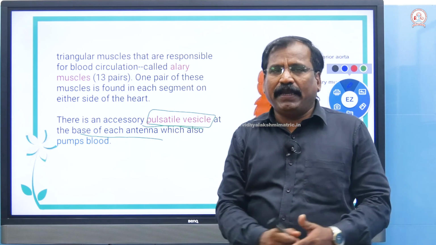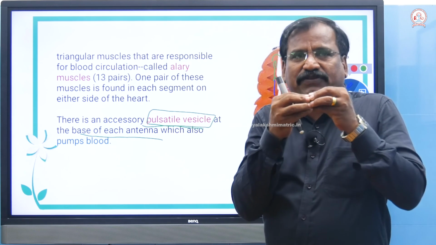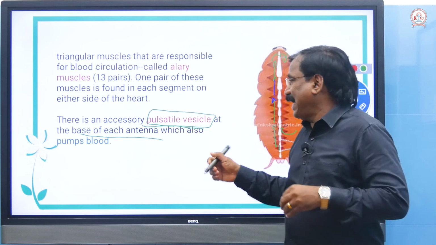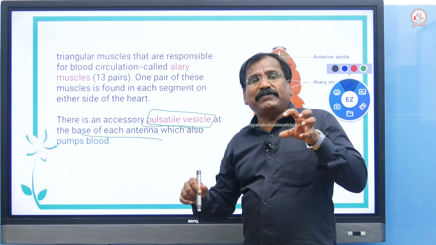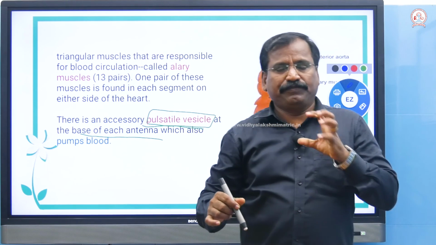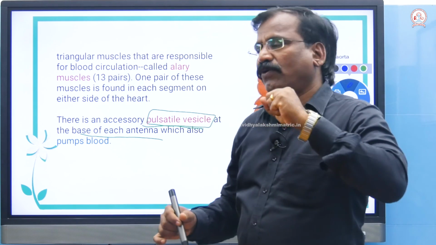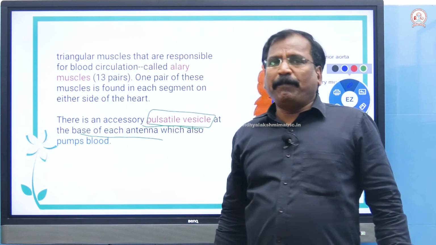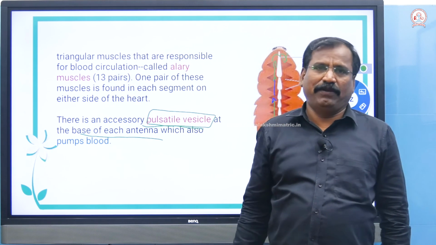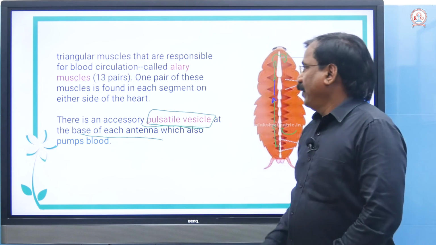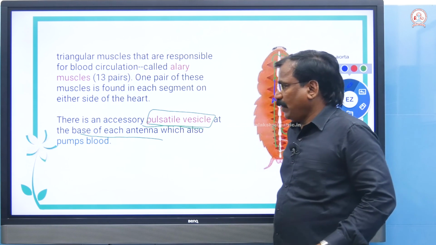So at the base of the antenna the vesicle is there, that is called pulsatile vesicle. So that is also responsible for pumping the blood. Okay, that is pulsatile vesicle. Okay, that's all.